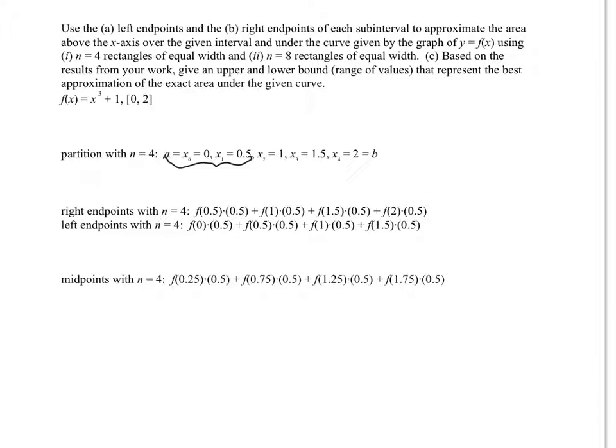Again, the first subinterval from 0 to 0.5, the midpoint of that would be 0.25. So we plug that into the function to get the height of the rectangle, and then again times the width of that rectangle. Our first rectangle would be the area represented by that. Second rectangle, third rectangle, and fourth rectangle. Notice we're using the midpoints here.